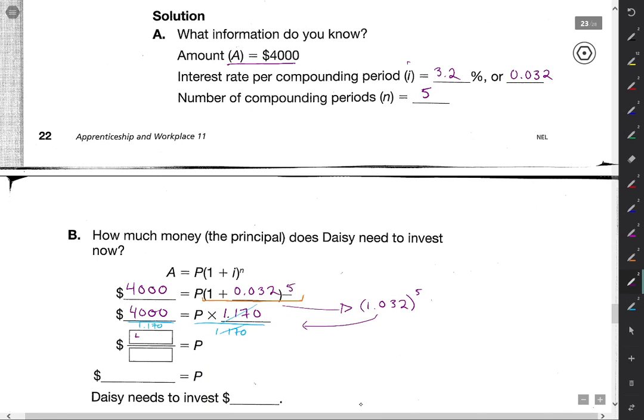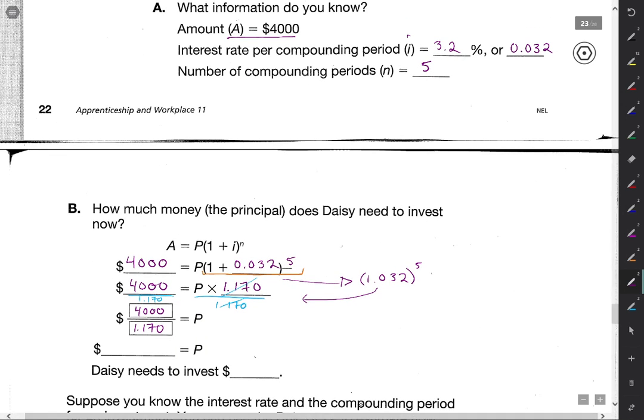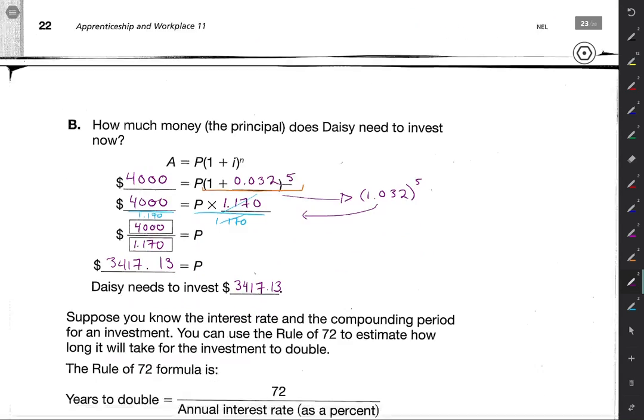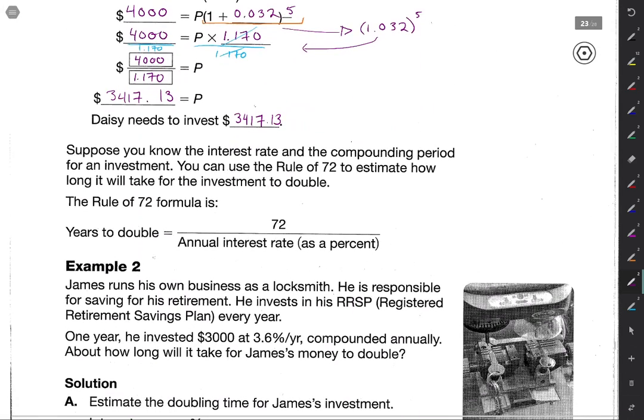So then in this next fill in the blank, we got 4,000 divided by 1.170. And if we divide those two numbers, you should get that the principal amount is $3,417.13. So Daisy needs to invest $3,417.13.